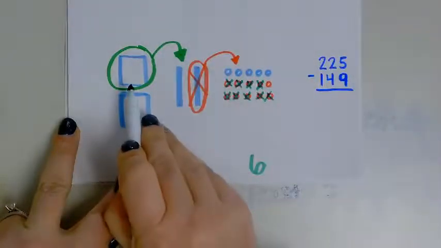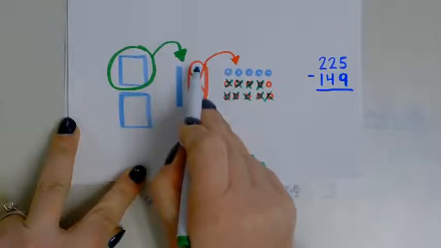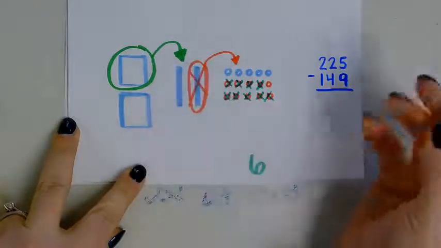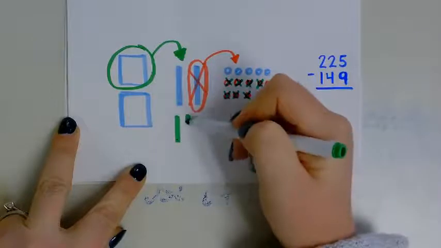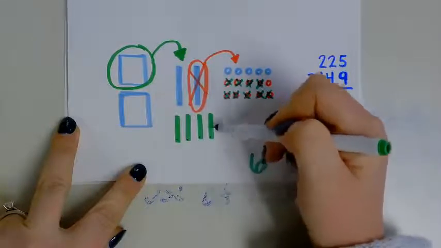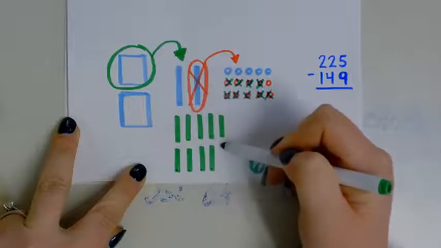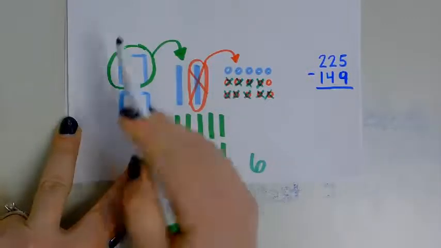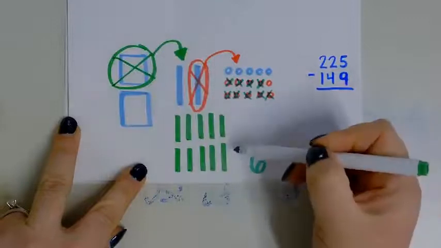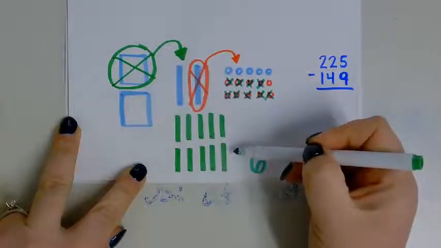When I move that group of 100 to the tens place, it becomes 10 tens. 10, 20, 30, 40, 50, 60, 70, 80, 90, 100. So this group of 100 becomes 10 tens.